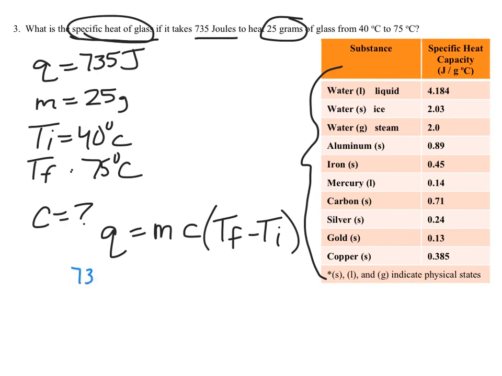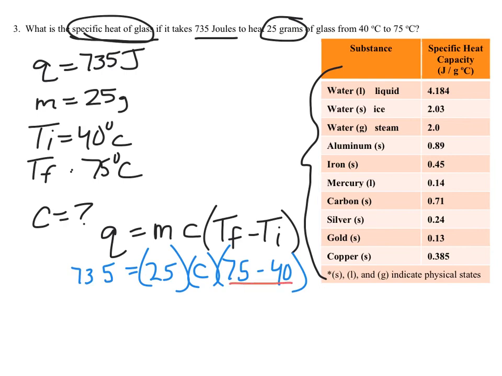I know my heat is 735 joules. My mass is 25. I have no idea what my specific heat is, but I do know that my final temperature is 75 and my initial temperature is 40, so I'm going to subtract those two. Now that I have that, 75 minus 40 here is going to get me, what is that, 25?